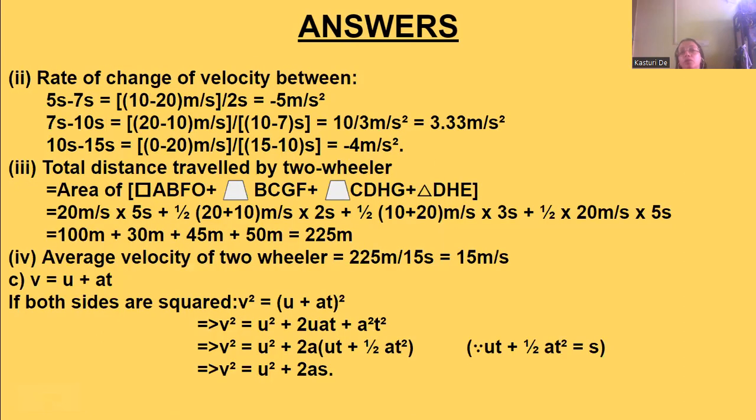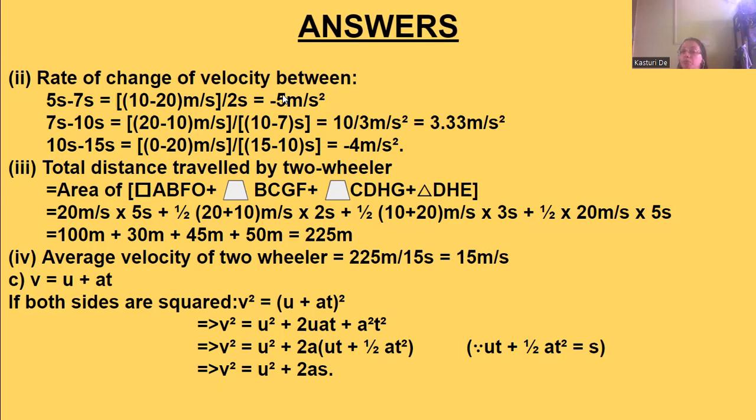So 10 minus 20, final minus initial, by the time, that is 2. That will be equal to minus 5 meters per second square.